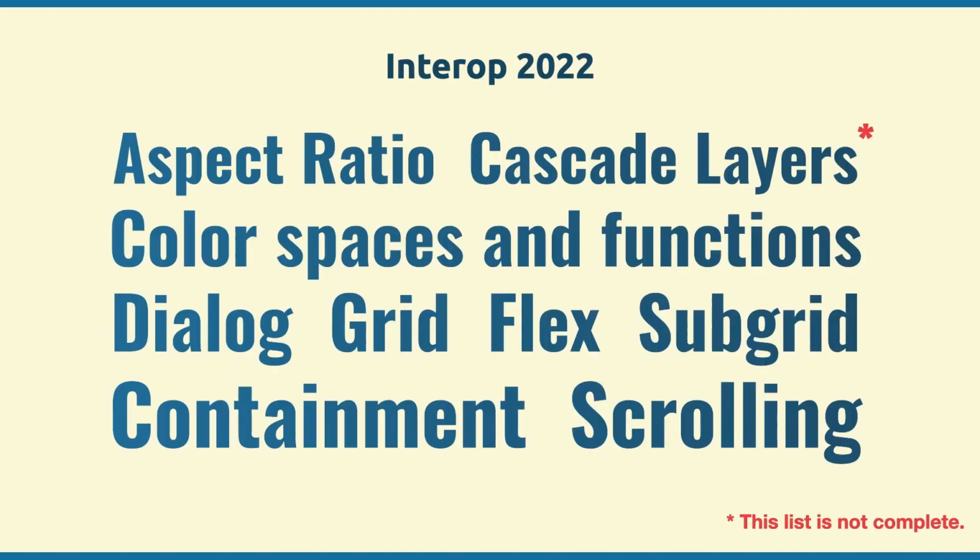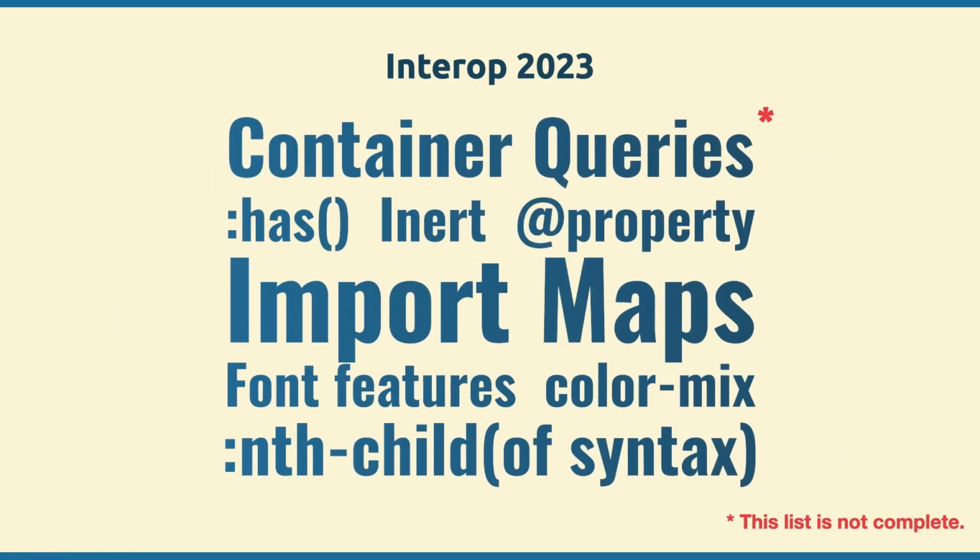In 2022, it includes aspect ratio, cascade layers, color spaces, dialog, flexbox, grid, subgrid. This list is not complete, and this was last year. This is browser vendors collaborating on building good stuff so that I can build good stuff. In 2023, we're talking about container queries, :has, inert, @property, @import, font features, and all these lists are not complete. But all this stuff is coming sooner than later.